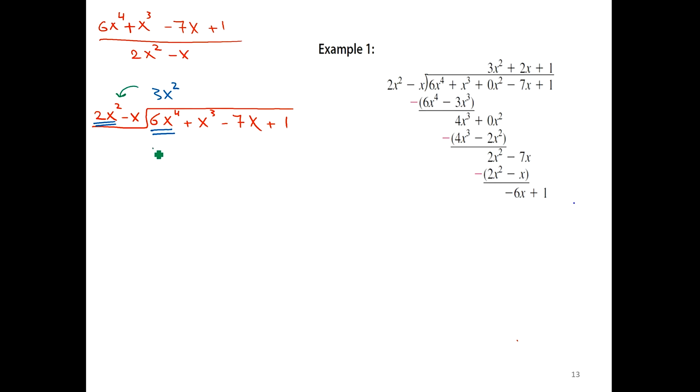So we have 6x^4 - 3x^3. Now we need to subtract: this is positive, convert to negative; this is negative, convert to positive, and add.